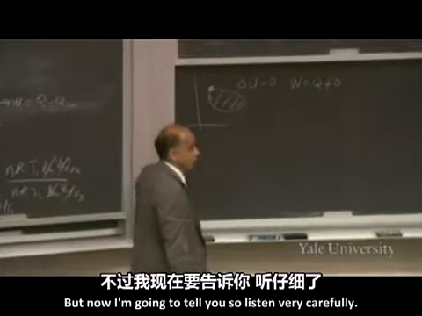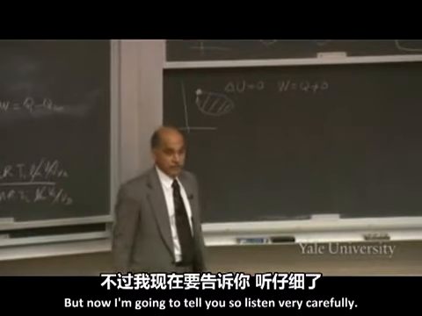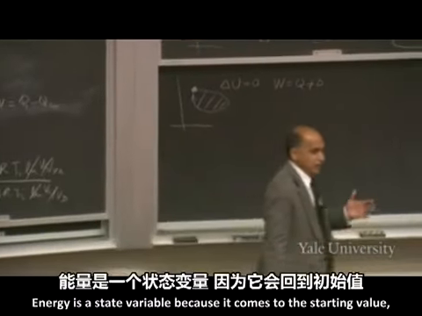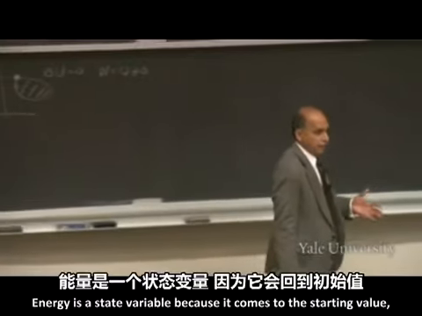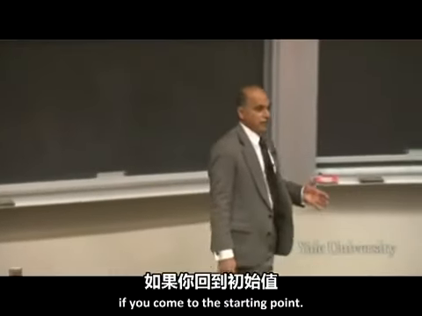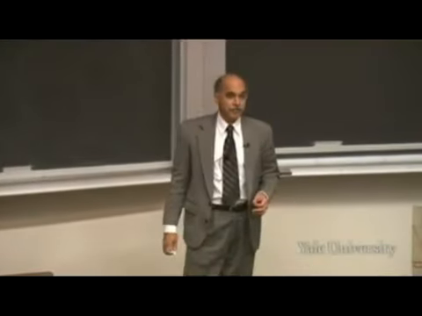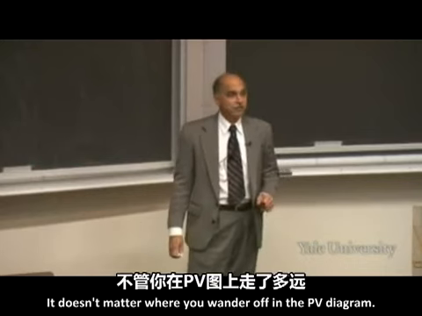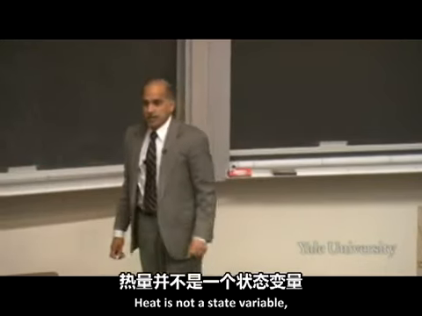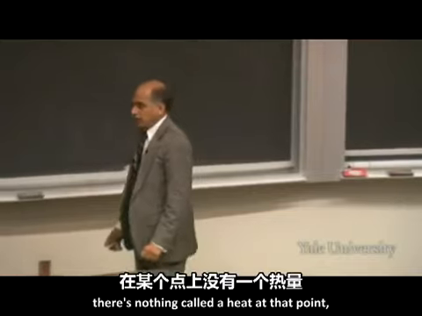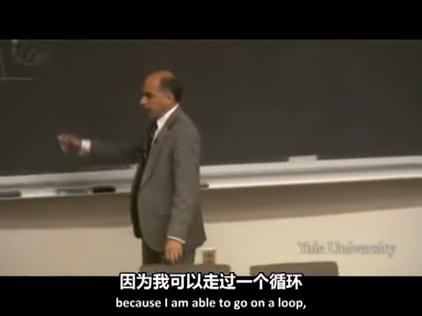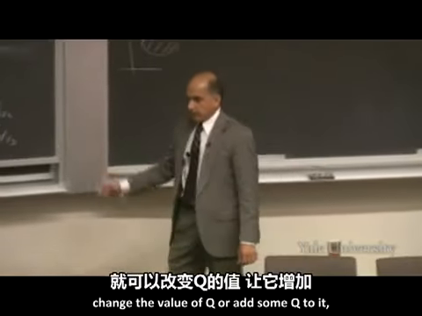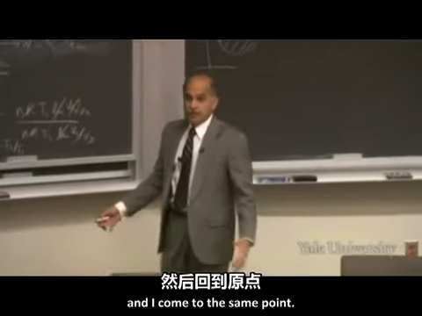But now I'm going to tell you, so listen very carefully. Energy is a state variable because it comes to the starting value if you come to the starting point. It doesn't matter where you wander off in the PV diagram. Heat is not a state variable. There's nothing called the heat at that point because I'm able to go on a loop, change the value of Q or add some Q to it, then I come to the same point.